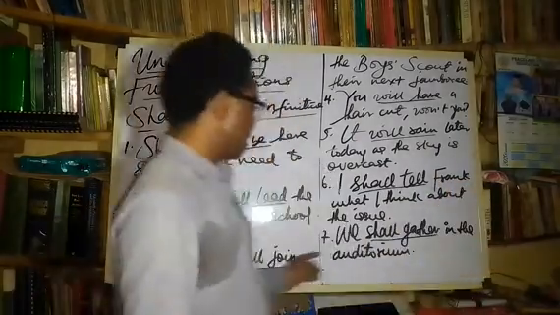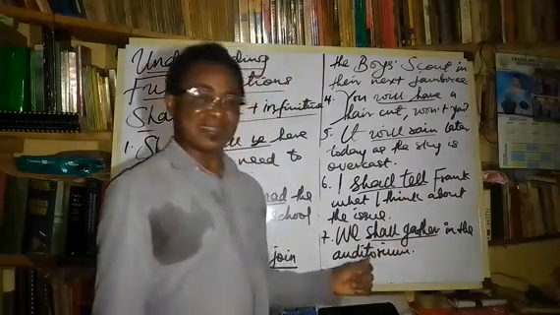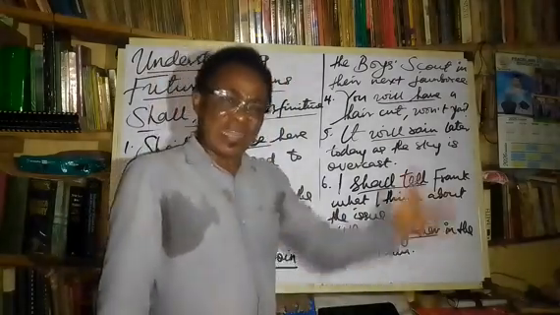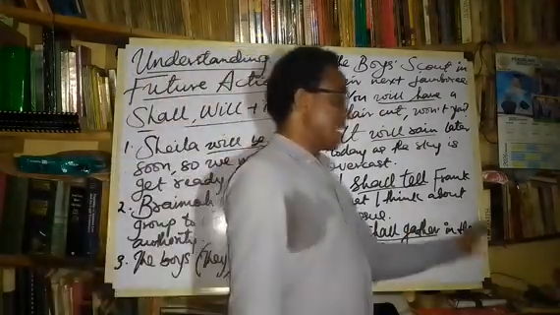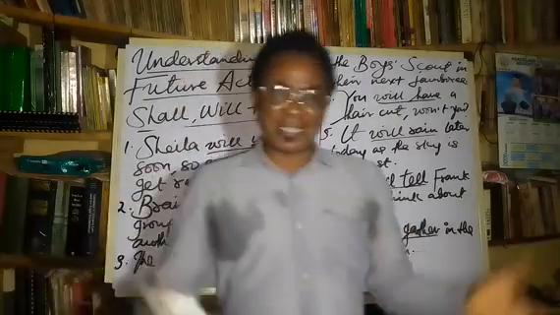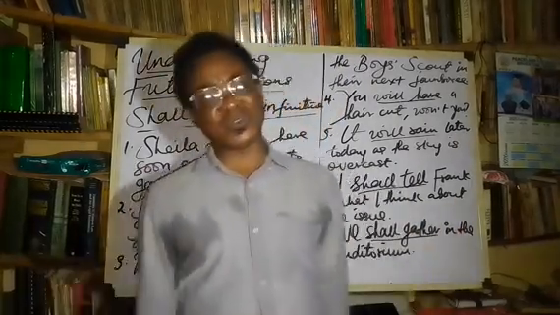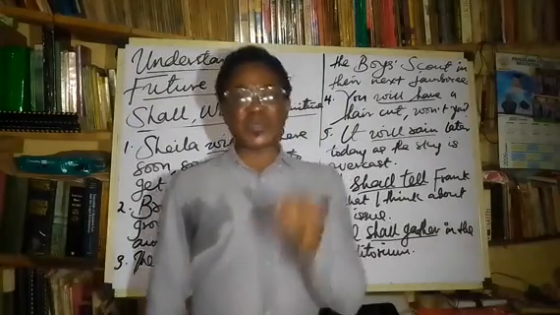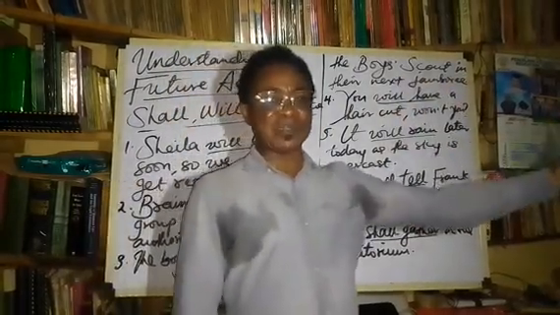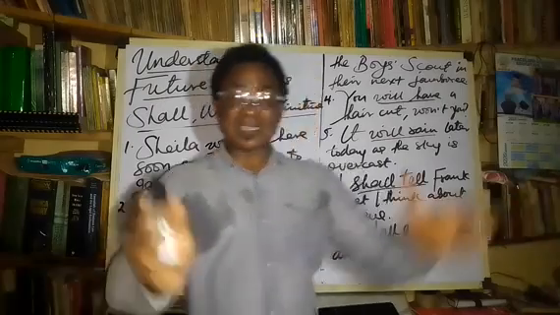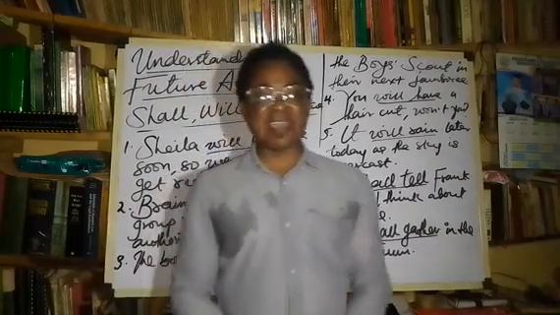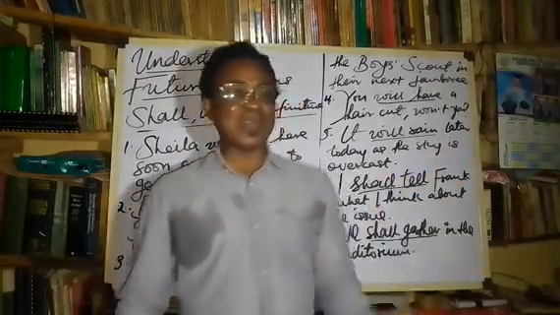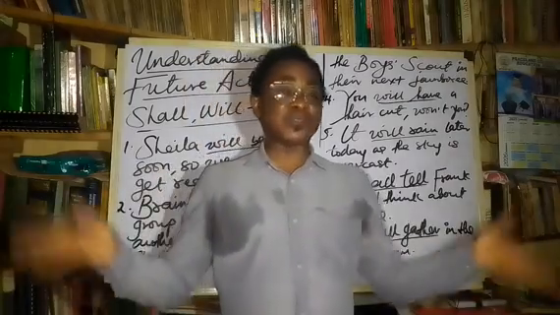So if we say, I will tell Frank, then that means I have the willingness. I'm expressing a promise to do so. And if we say, we will gather, we are expressing a commitment or a promise or a willingness to do so. So there is simple future tense, when we are talking about an event that will come to pass or will not, that may or may not come to pass.